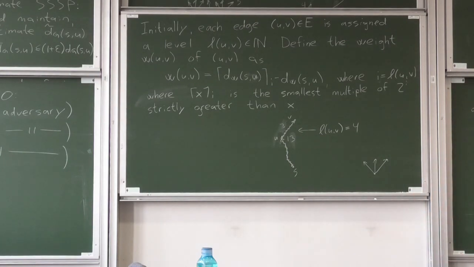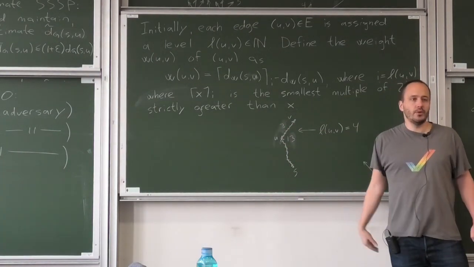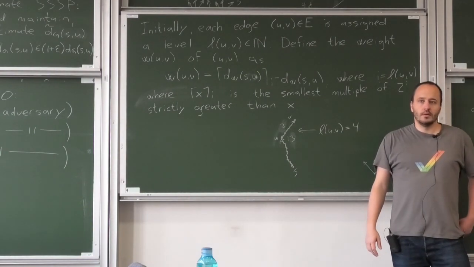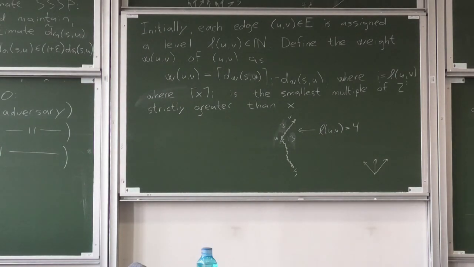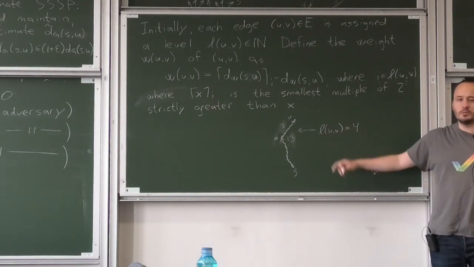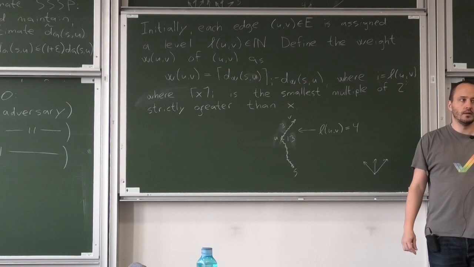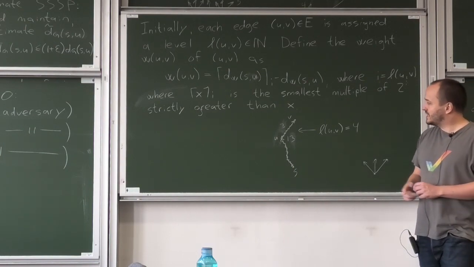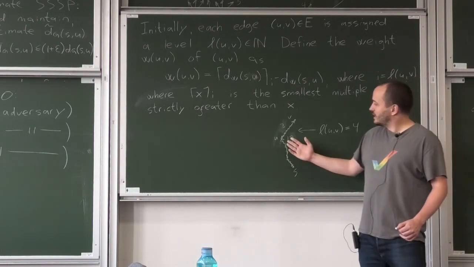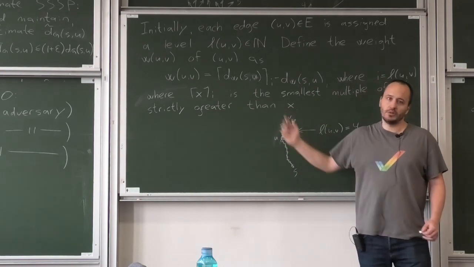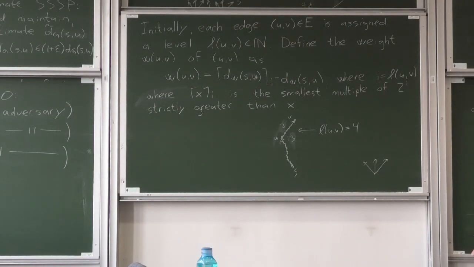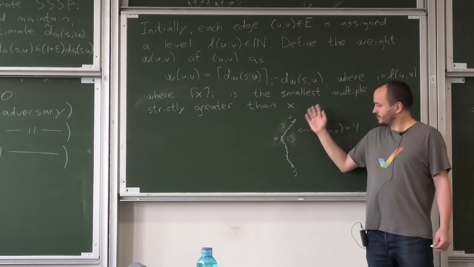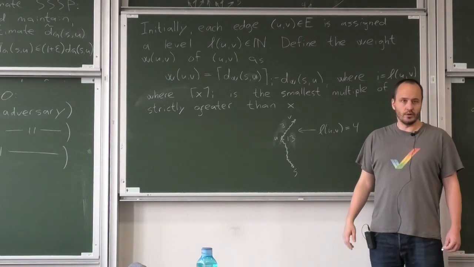When does it need to communicate something to its outgoing level 3 edges? When its distance from S is divisible by 8, right? And level 0 edges, basically every time U increases, it has to tell its outgoing level 0 edges, I have increased. So this is like normal Even-Shiloach. But if you have high level edges, U very rarely has to do any work.